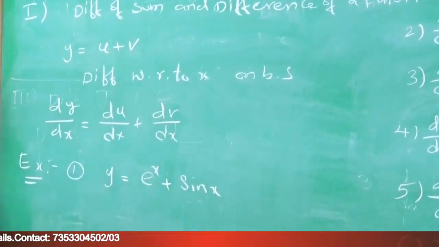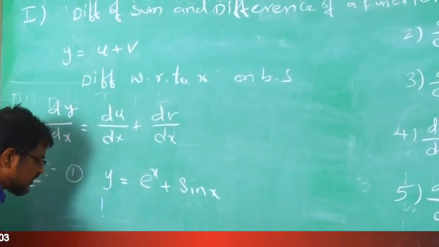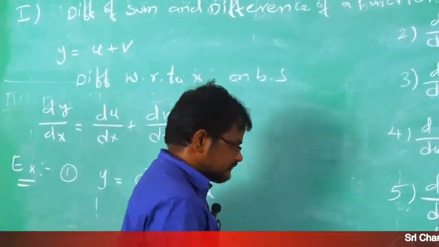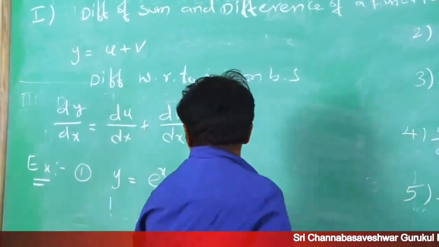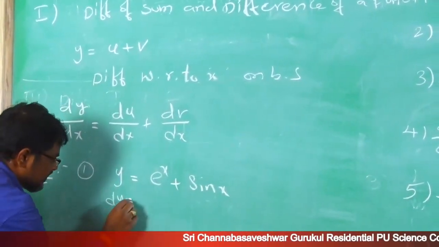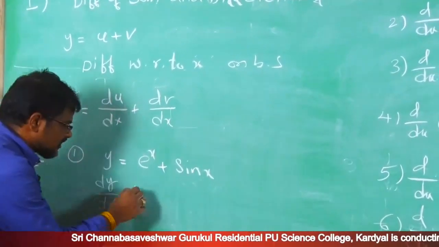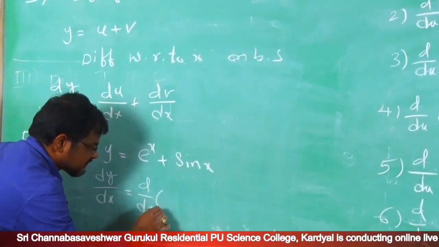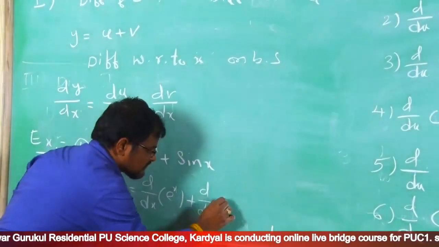We have to do the differentiation of this. So how to do it? dy by dx equal to, differentiating with respect to x means d by dx of e power x plus d by dx of sin x.